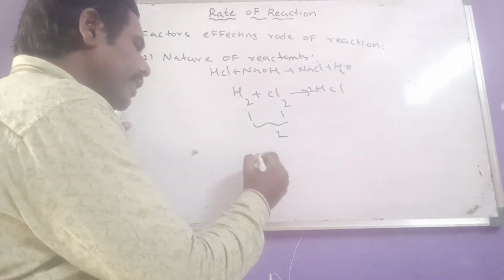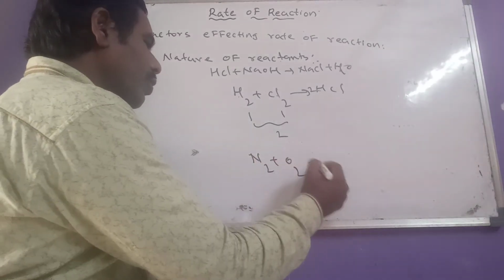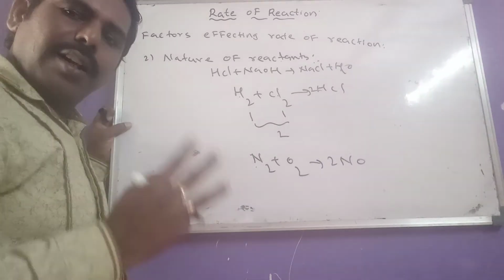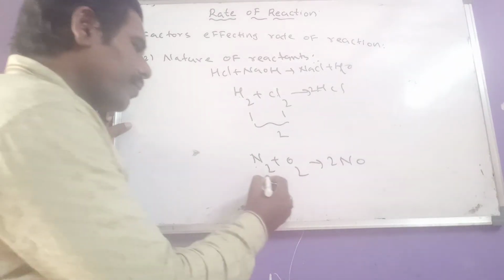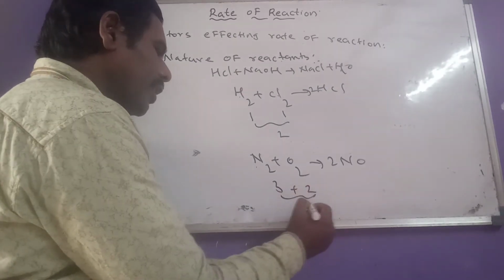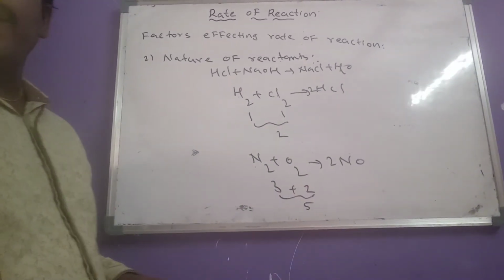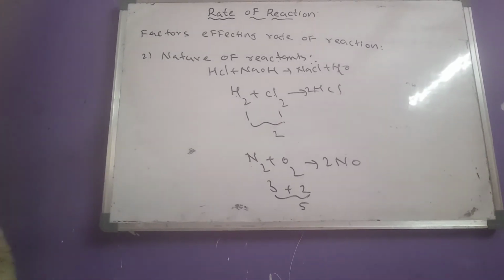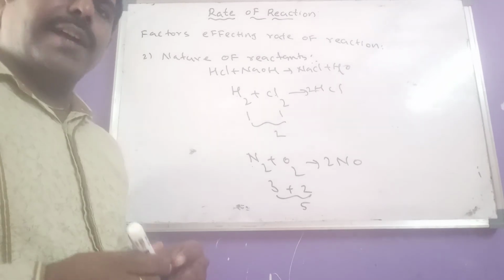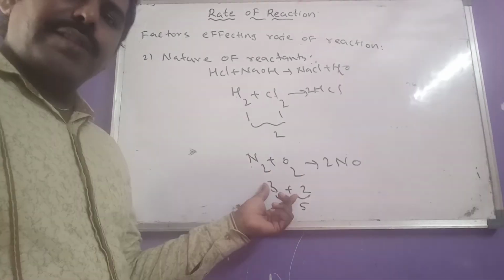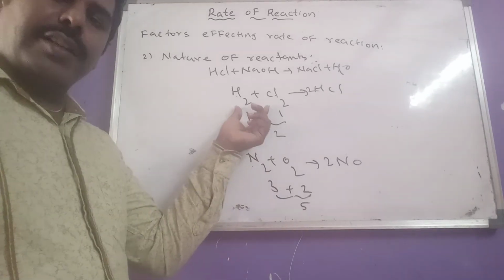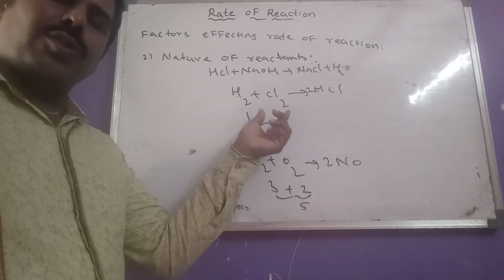And if you consider N2 plus O2 gives 2NO. In between the two nitrogen atoms, three bonds are there. In between the two oxygen atoms, two bonds. So in total, five bonds are to be cleaved. So that's why the rate of this reaction is slow comparatively with the H2 plus Cl2 reaction.